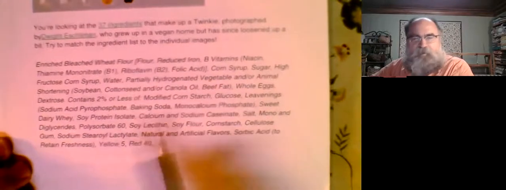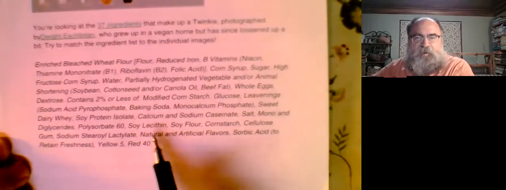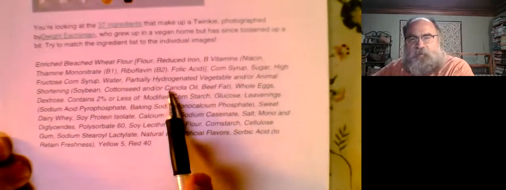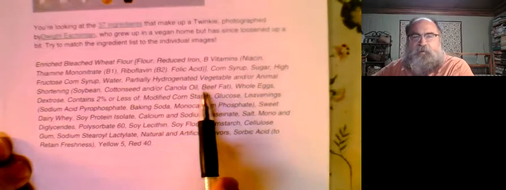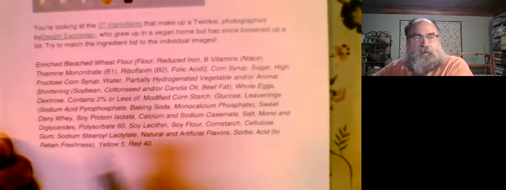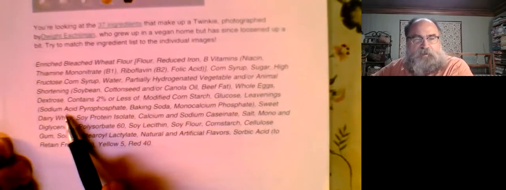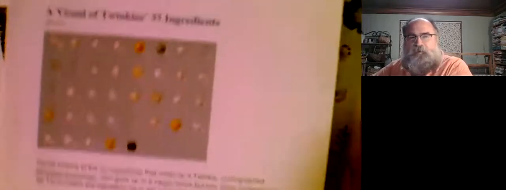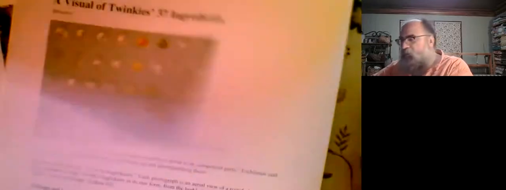And so you could somehow separate this all out into, well, okay, there's soybean, cottonseed, canola, beef fat. Okay, there's where some of the beef comes from. You know, dairy whey, right? And so you could figure out where a lot of the individual ingredients have come from.